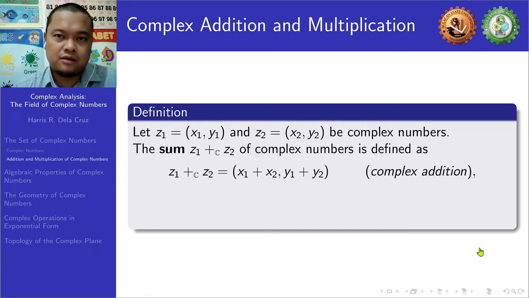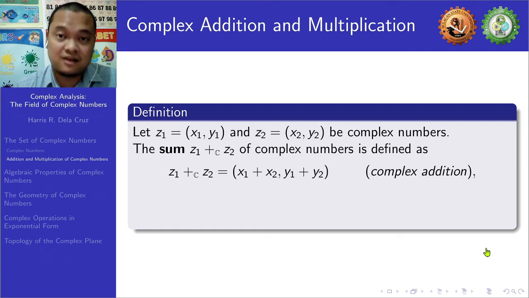So how do we add and multiply complex numbers? Let's say we have the complex numbers z1 given by (x1, y1) and z2 given by (x2, y2). The sum z1 plus z2 is given by: the first component is the sum x1 plus x2, while the second component is the sum y1 plus y2.